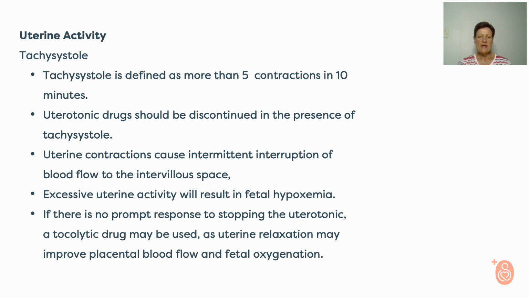The only thing, as I've said, is how many contractions are there in 10 minutes. And we've said that if there are more than 5 contractions in 10 minutes, it is what we call tachysystole or hyperstimulation of the uterus. And this is often being caused by uterotonic drugs, drugs that cause contractions of the uterus.